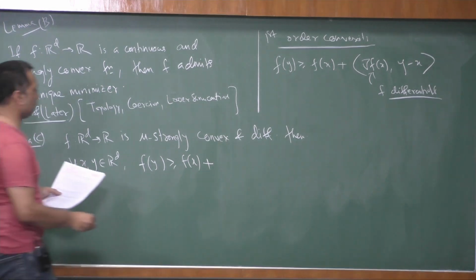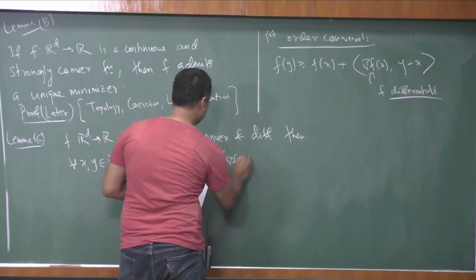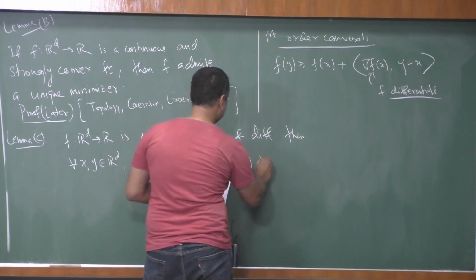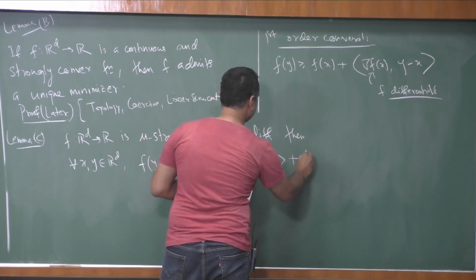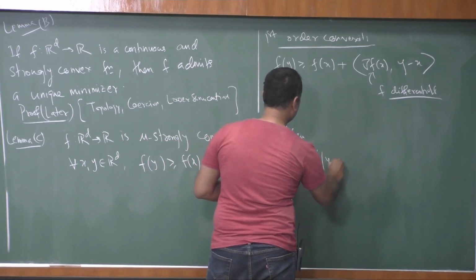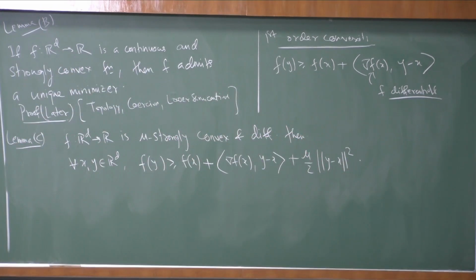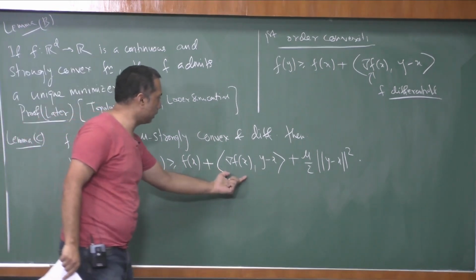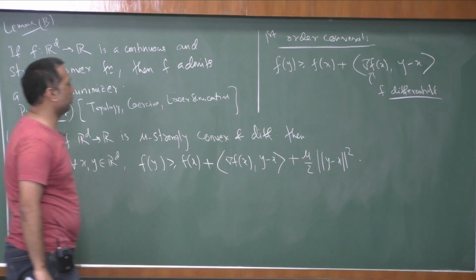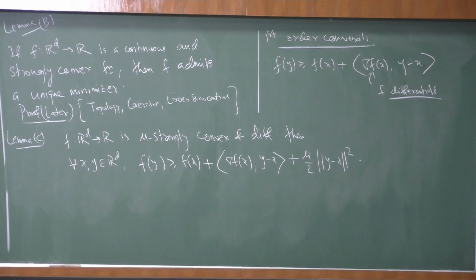So everything same plus one more term. So this is grad f(x) transpose (y minus x) plus mu by 2 norm of y minus x squared. Okay. So up to the second term is the first order condition, and then this is the additional term that I have. And this is for mu strongly convex.